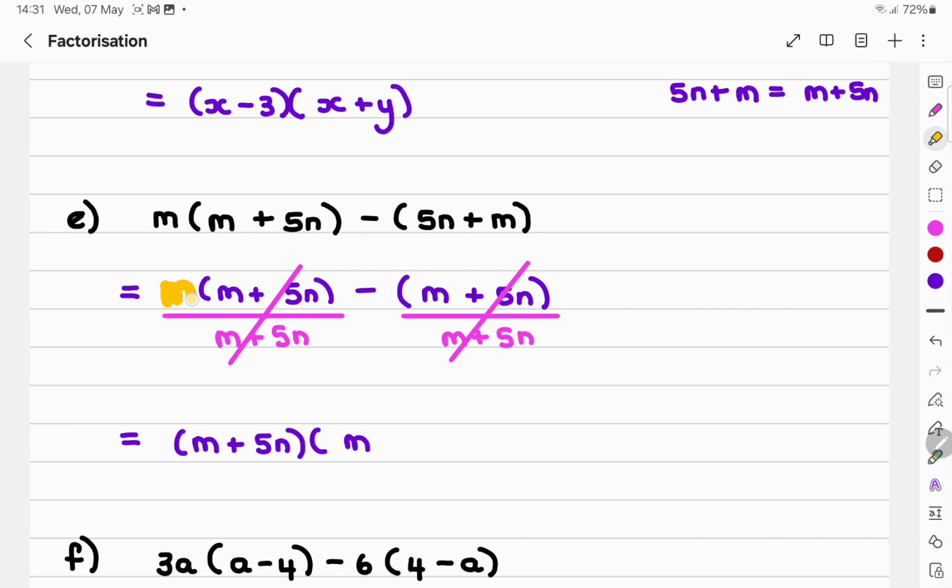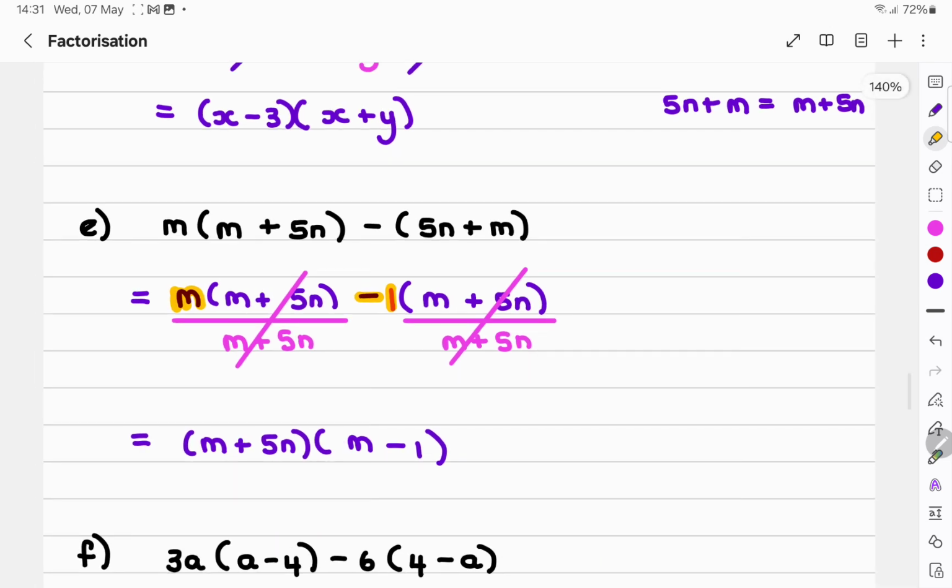I've got a m minus, and remember, what is 5 divided by 5? It's 1. What is 3 divided by 3? It's 1. If you really want to, you can write, remember, in front of every bracket, if there's nothing, there's a 1. So what is left? M minus 1. All right, so please don't forget. Lots of you just write an M, you close your bracket and you think you're done.